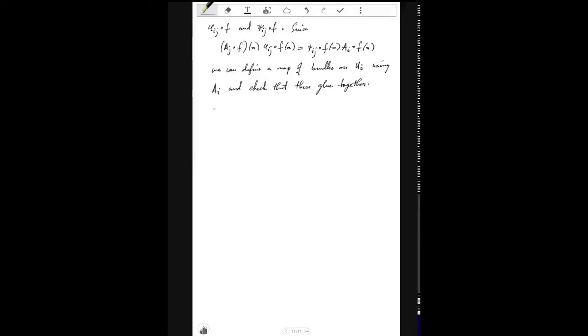So thus we get f upper star phi from f upper star E to f upper star F.